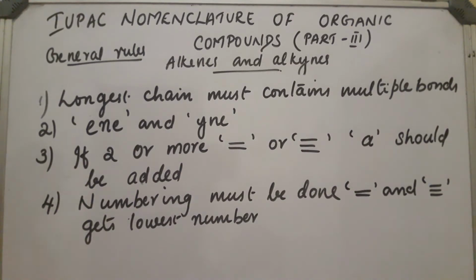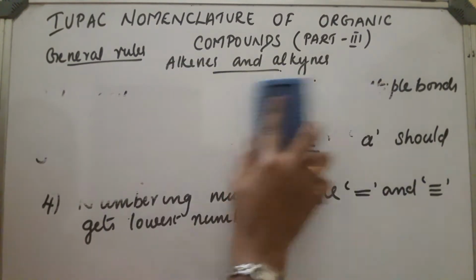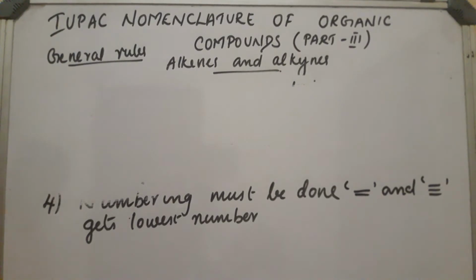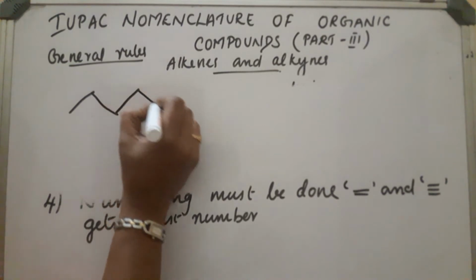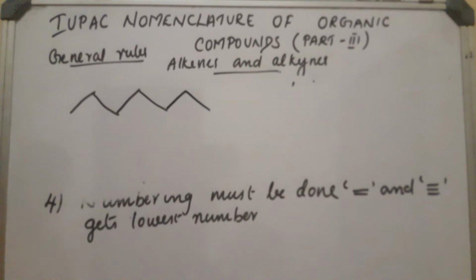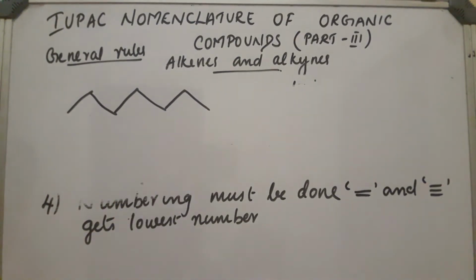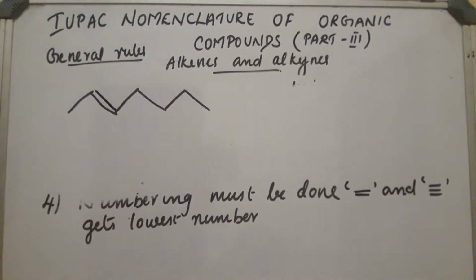First example: how can we name a compound containing a double bond or a triple bond? Consider this compound. The compound contains 7 carbon atoms, and there is a double bond in the second position and here also there is a double bond.